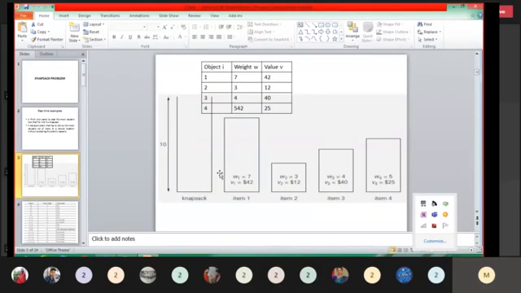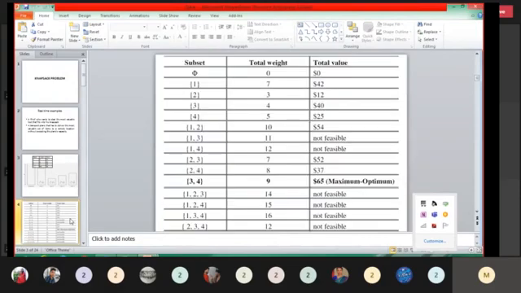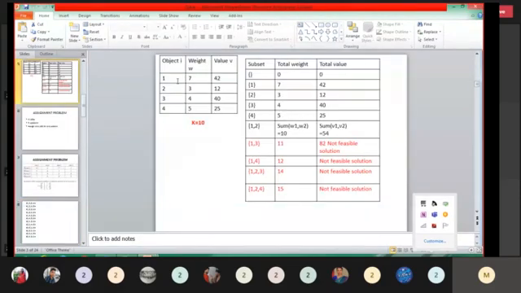Now consider the example. We have 4 objects, 1, 2, 3, and 4. Each and every object is associated with weight and value.